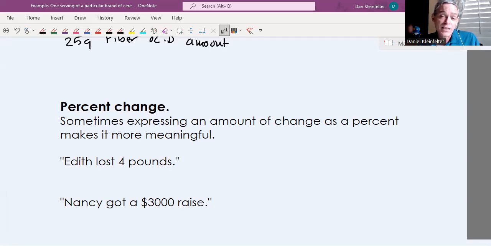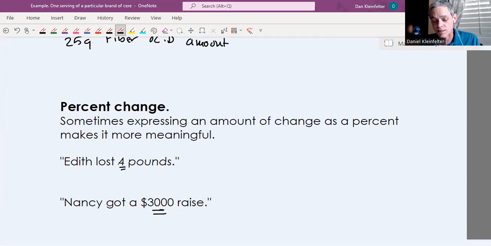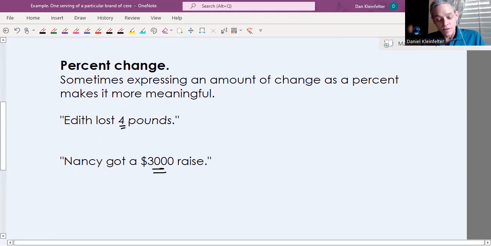On the other hand, if Nancy was an anesthesiologist making $300,000 a year, and now she makes $303,000 a year, she may not even notice that extra $3,000 because that $3,000 would be such a small percentage of what her existing income was. So the takeaway here is that $3,000 or the 4 pounds could be a little or it could be a lot of increase depending on what the starting amount was. And that's why we express change sometimes as percentages.